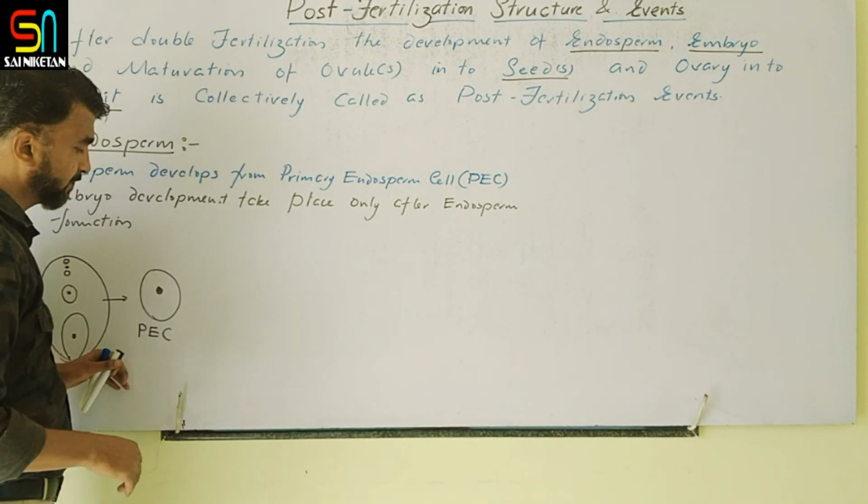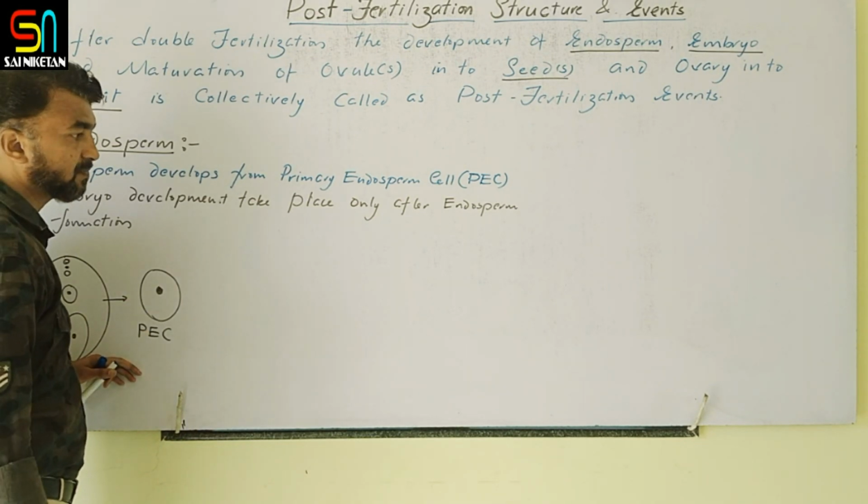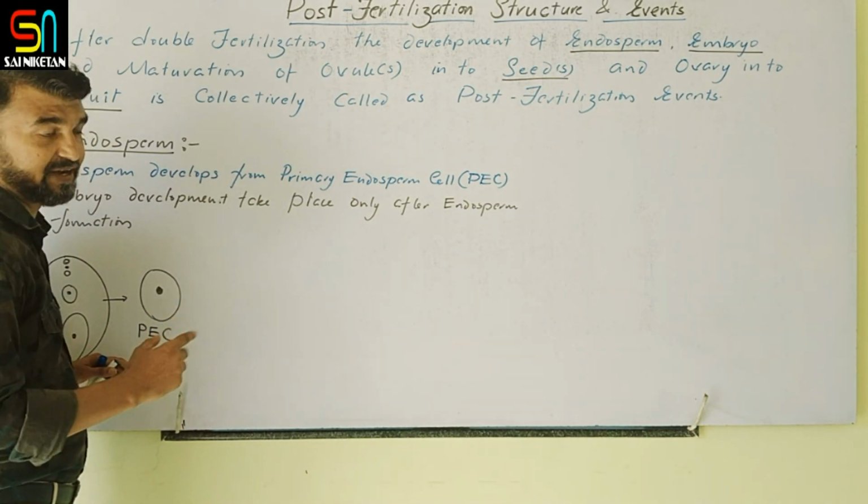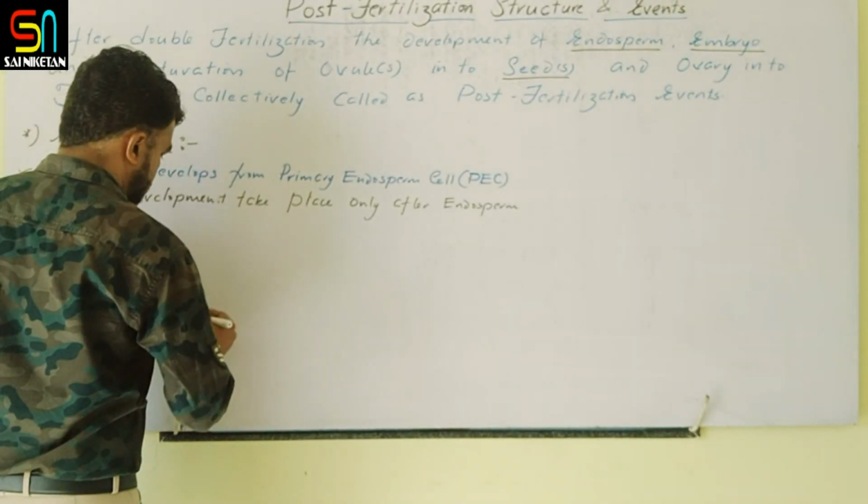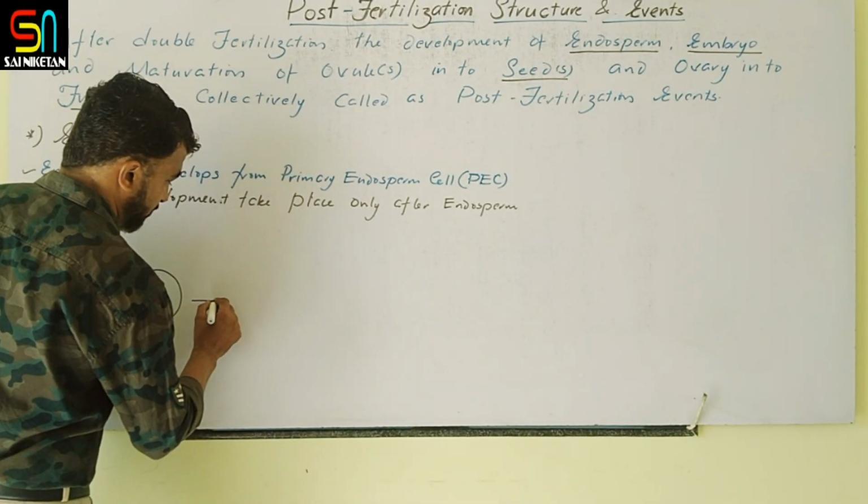Based on the pattern of division, the endosperms are briefly of three types. Clear?